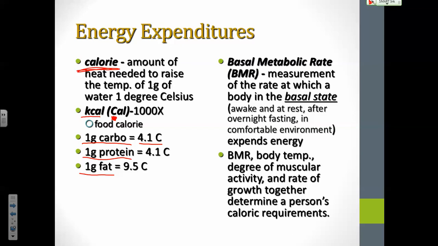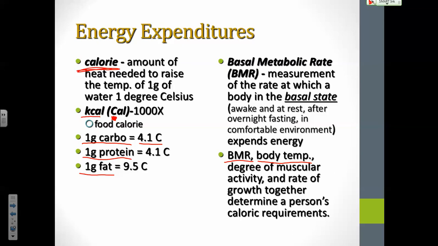But that's not the only thing used to calculate your caloric requirements. It's your BMR, it's your body temperature, the degree of muscle activity, meaning your exercise, your activity level, and then how old you are, your rate of growth affects it. When you're a child, some of you were getting to this age, when you were a child, you could eat more without gaining weight than you can now.